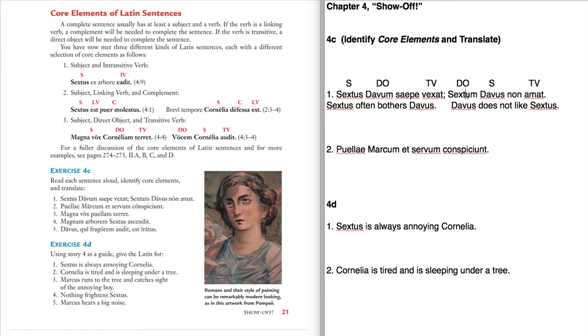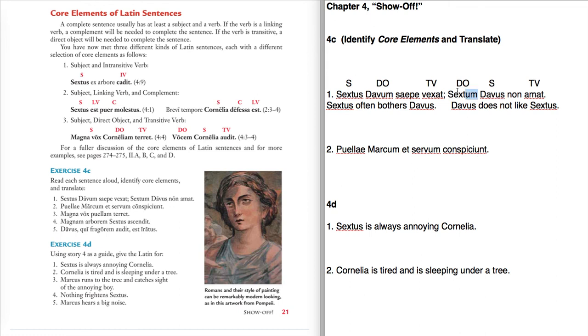Now again, just because a word comes first in a Latin sentence does not mean that it is the subject. This is the case for English, but not so in Latin. You identify how words are functioning very often by their endings and not by their word order. So here, Davos, that is a subject ending, and this is a direct object ending.